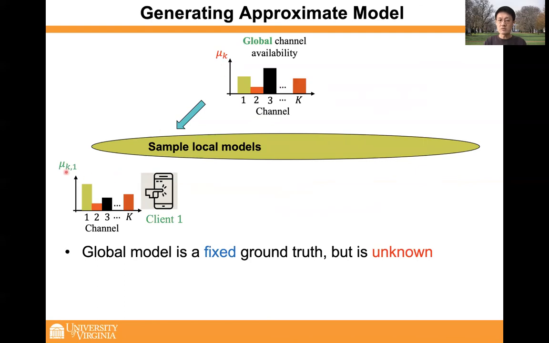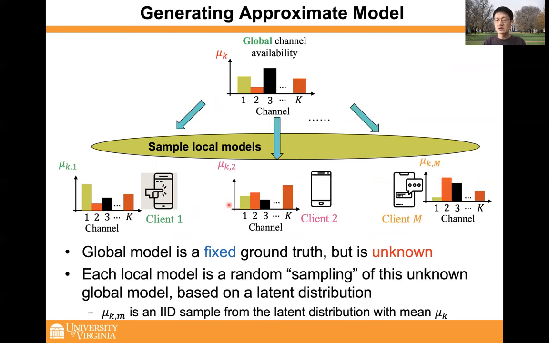Then I'm going to generate a mu_11 for client 1 based on a distribution whose mean value is mu_1. I'm not going to specify this distribution, and this is actually not very important, but the relationship is really that it is a realization from a distribution whose mean value is mu_1. And this goes with other channels as well. And you do that for every client, okay? So this is how you generate the local model.